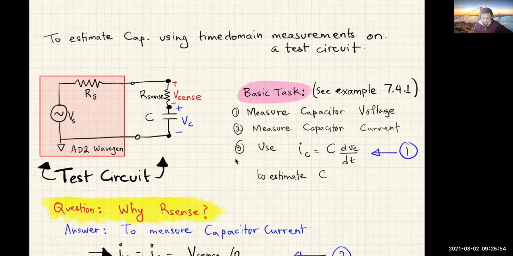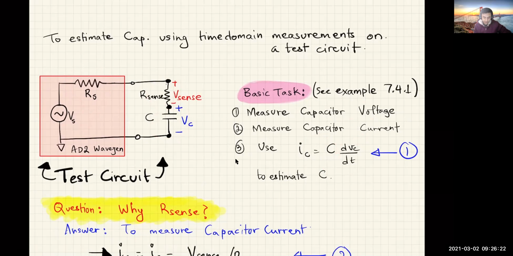This test circuit consists of a sinusoidal voltage source and a sense resistor and a capacitor in series across the output of the voltage source. One question sometimes folks get is what this RS is and whether that should be included in the circuit when you're building it.